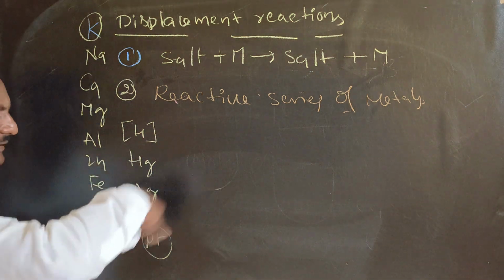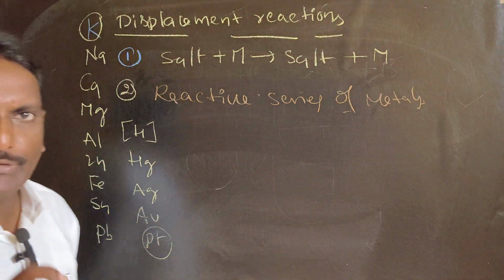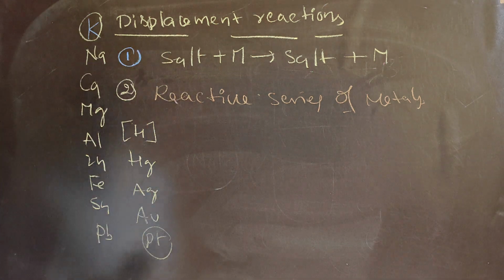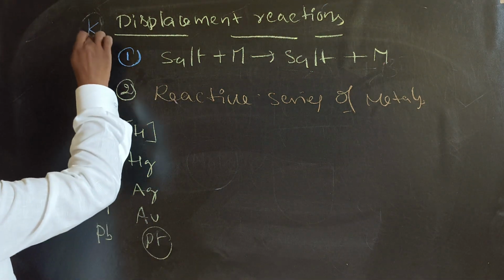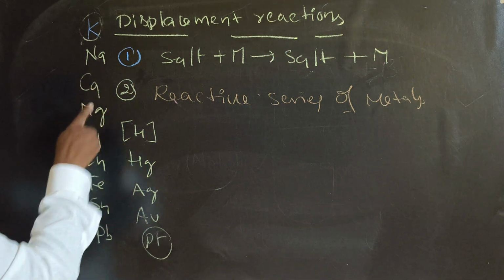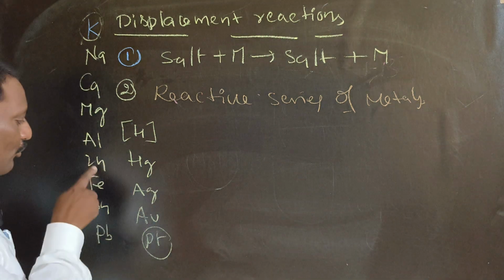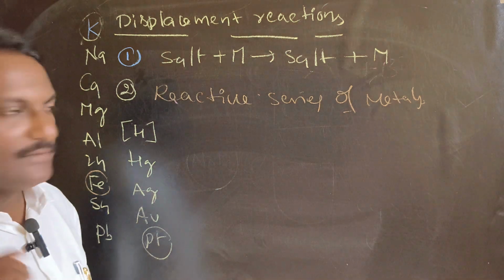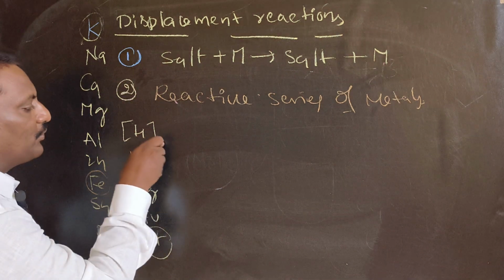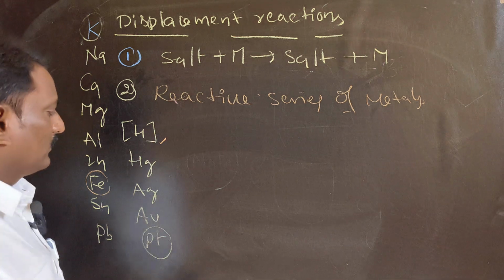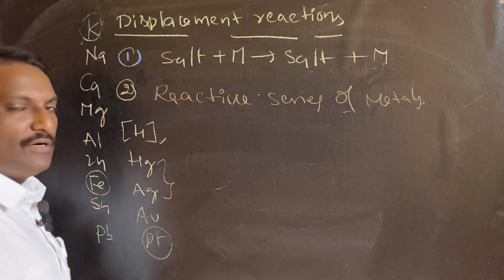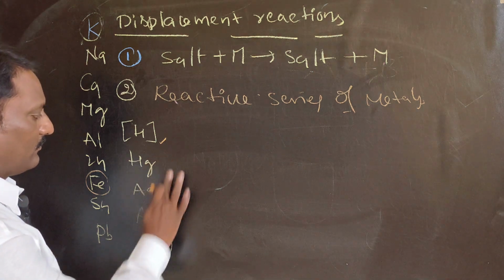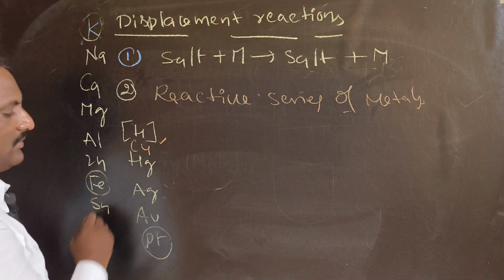To remember this reactive series of metals, I would like to give one keyword or clue. Please follow that. Potassium, King Nagarjuna, Kamalini Mukherjee, Allu Arjuna are friends. They went to a shop named Tin and Lead to buy hydrogen as fuel, mercury and silver for chemical reactions. Sorry, here copper must be Cu.